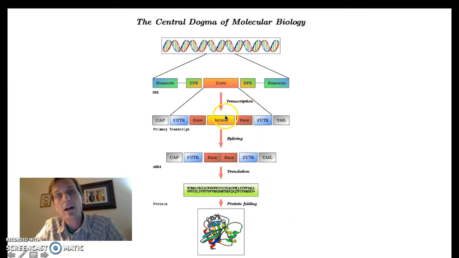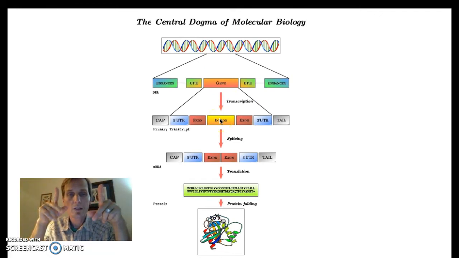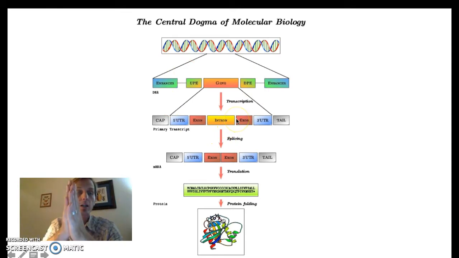Introns need to be snipped out. They're intervening segments that mean nothing. They're spacer regions. Why is very interesting to genomics, but for now, for the function of a gene, we just want to know that they need to be snipped out of there. So we're going to snip that intron, and we're going to splice together the two exons.